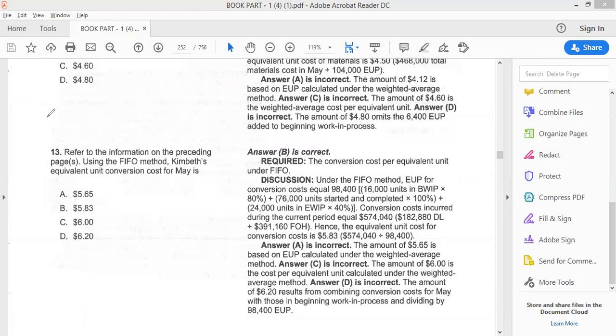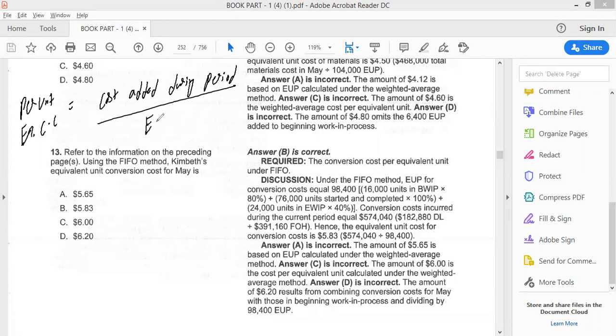The only thing is you have to use the values of conversion cost. So here students we will say per unit equivalent conversion cost is equal to, here also you will consider only cost added during period. You will not consider any cost related to work in process, dividing by equivalent units.